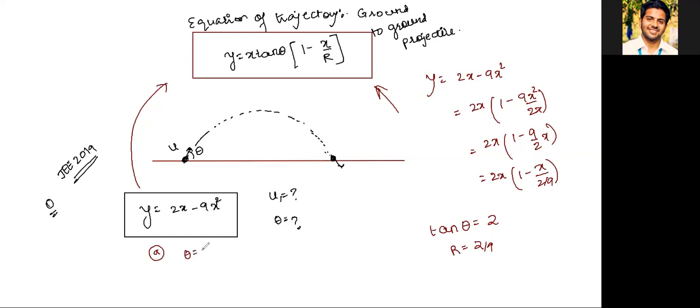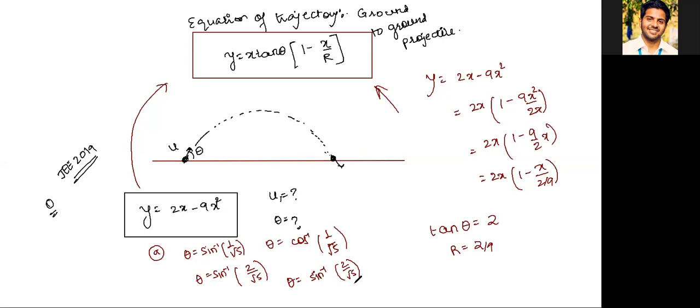Theta is equal to sine inverse of 1 by root 5, or sine inverse of 2 by root 5, or theta is equal to cos inverse of 1 by root 5, or sine inverse of 2 by root 5. So you have the first options given for theta.